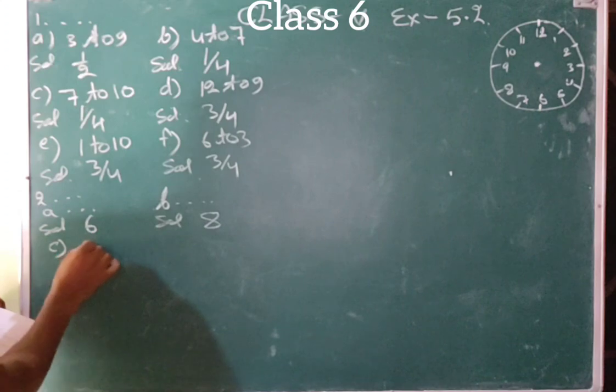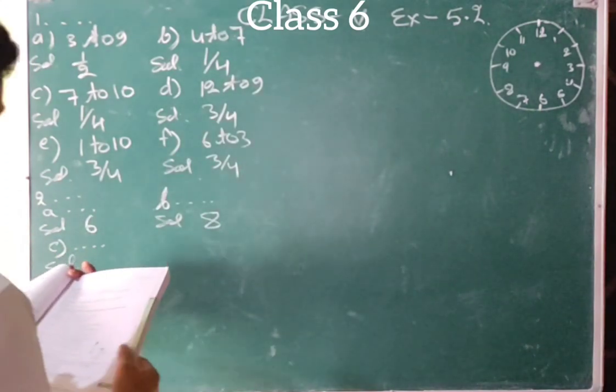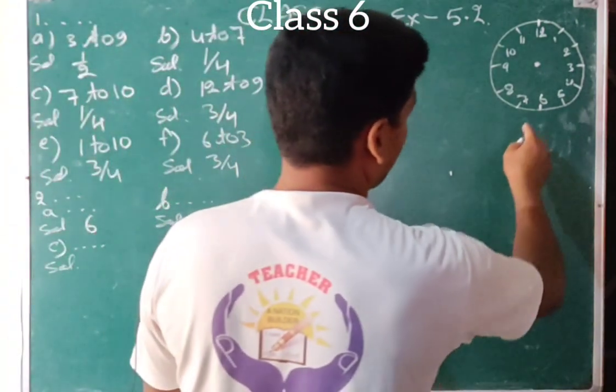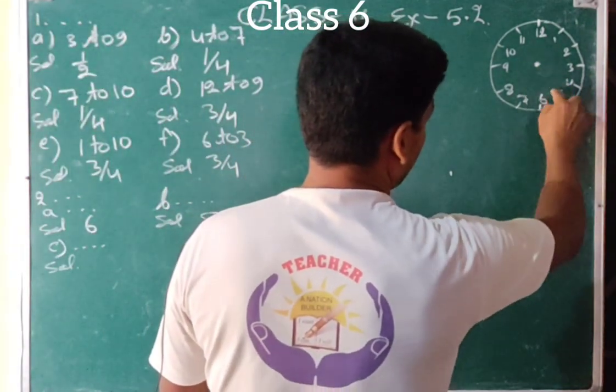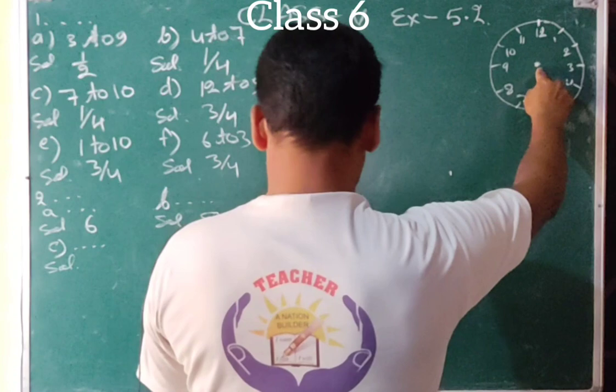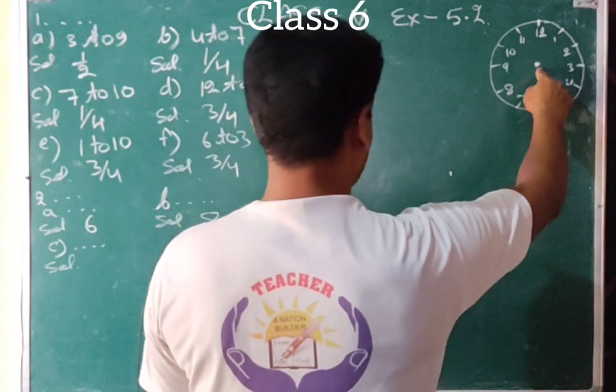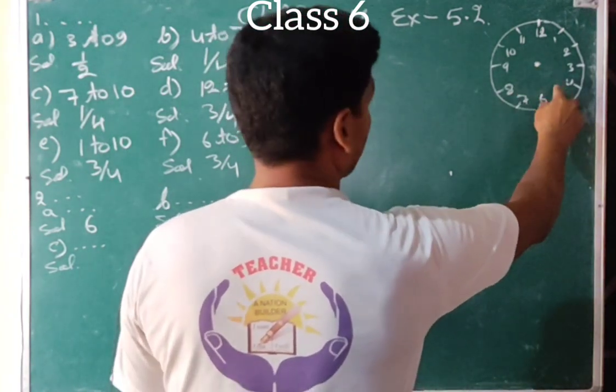C part, start from 5 and revolve 1/4, that will be up to 8.